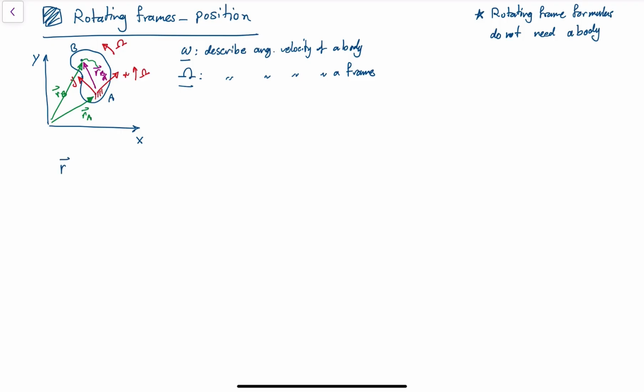We know R of B equals R of A plus R of B relative to A. This is always the case. Doesn't matter your frame is only translating or translating and rotating or in any other situation. This always works. If you know this, you can find that.